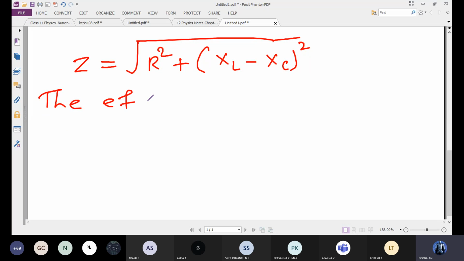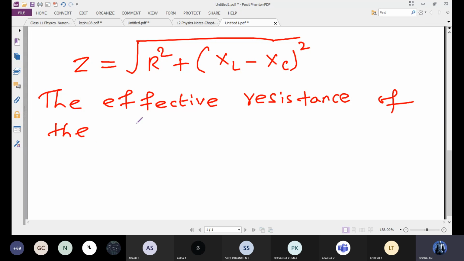The effective resistance of the series LCR circuit, which opposes the current.